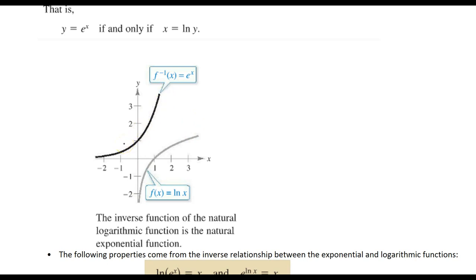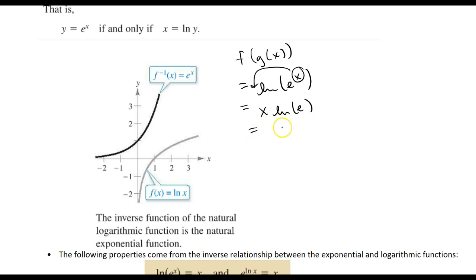Now if you wanted to verify that these are inverses of each other, you could see that f of g of x in this case would be the natural log of e to the x, and using natural log rules I could bring that out front. So that'll be x natural log of e, and the natural log of e we know is 1.